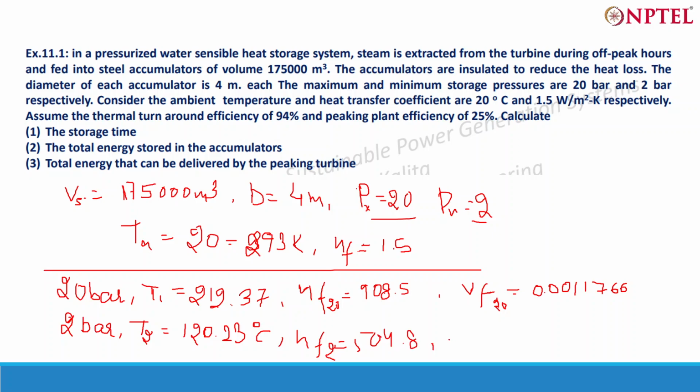So I've given the values from the steam table. As a subscript, I have taken only those values. Like if the pressure is 20 bar, I have taken 20 bar as the subscript. You can also take it as T1 or T2, just to avoid confusion.